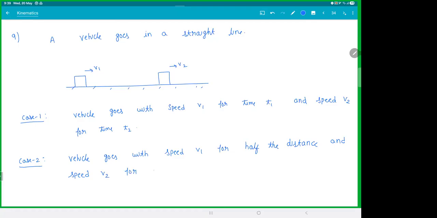Find the average speed. What is the average speed? Total distance by time. They have not given distance or anything. So let's get this. This is a standard model.